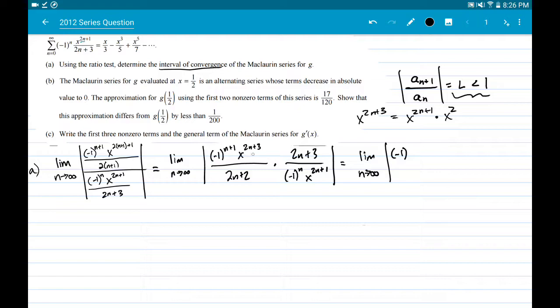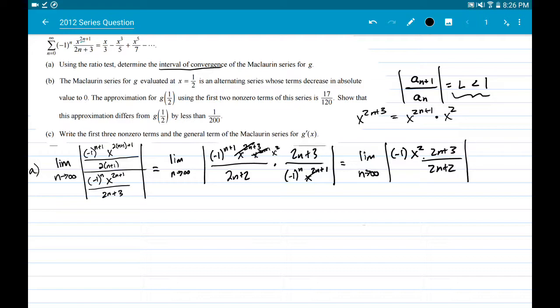And so if you think of this as x to the 2n plus 1 and x squared, then these will cancel out, and you're left with an x squared. And then the 2n plus 3 and the 2n plus 2 we'll let hang out for a little bit.